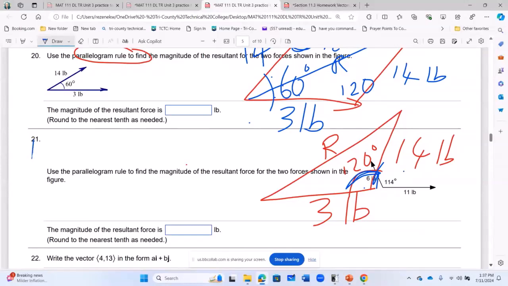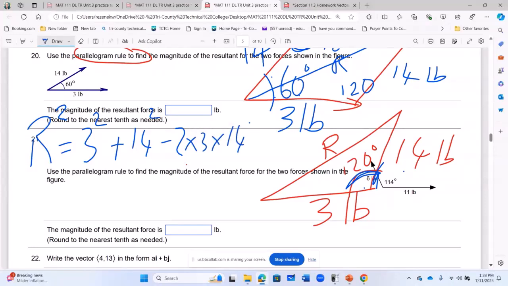Therefore, the resultant force is equal to 3 squared plus 14 squared minus 2 times 3 times 14 cosine of 120.